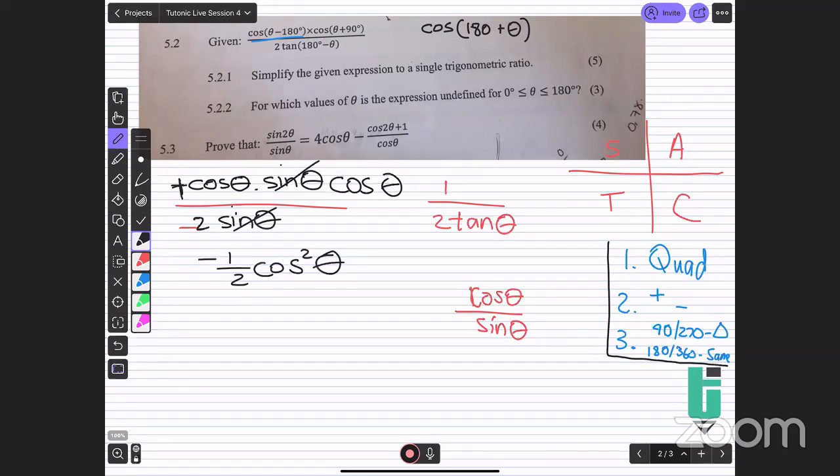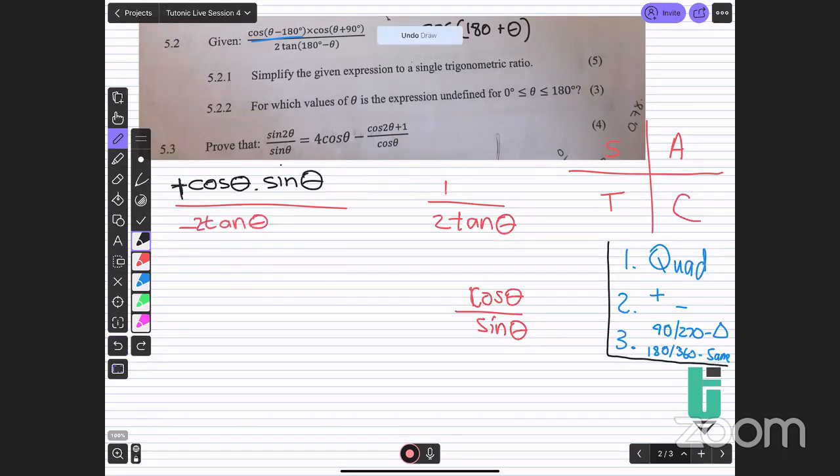Have I skipped too many steps? Yes. Okay. So do we agree 1 over tan is cos over sine theta, right? Yes.